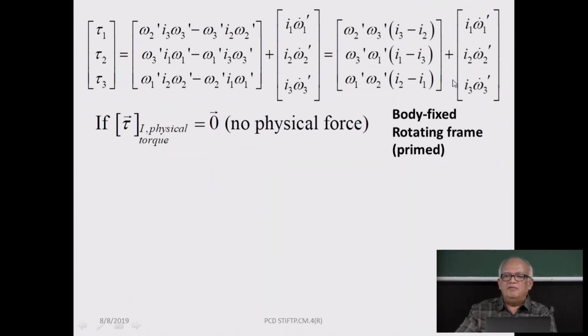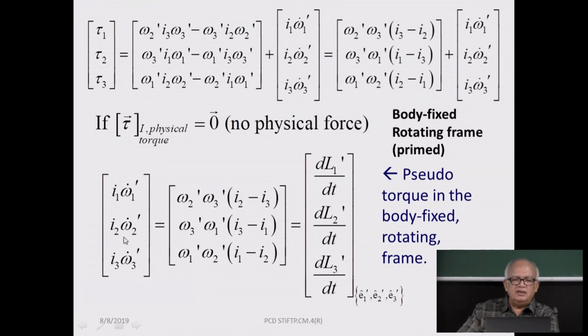So you have this term to be the negative of this, and this is the torque that you think is what is changing the angular momentum, but the angular momentum is not really changing in an inertial frame of reference. It is changing in the rotating frame of reference because the observer is rotating, not because the angular momentum itself is changing in an inertial frame of reference. So this is the pseudo torque.